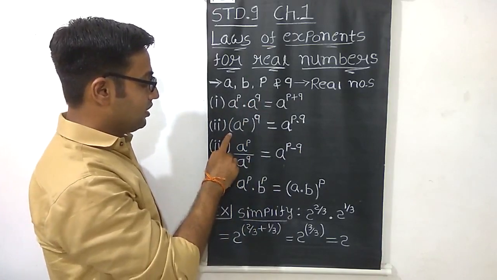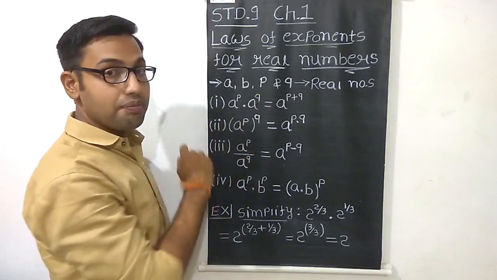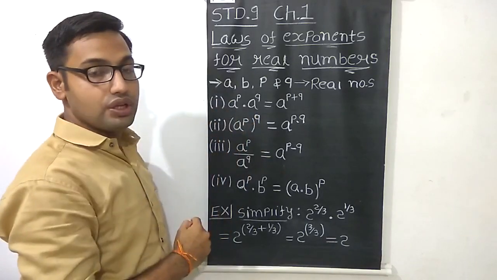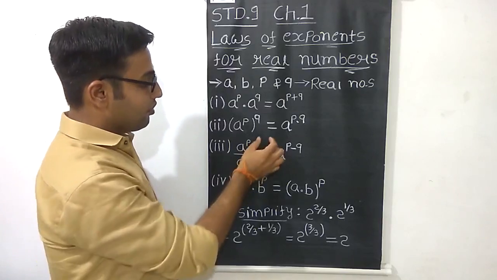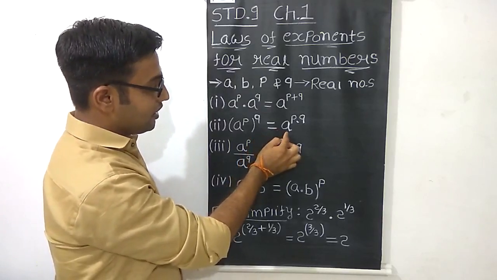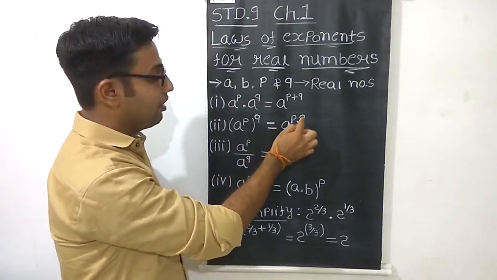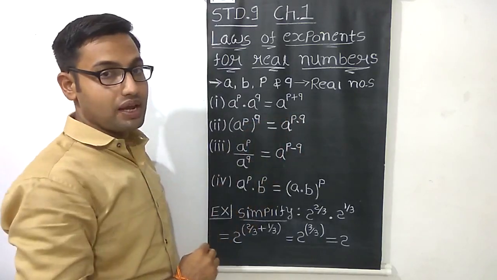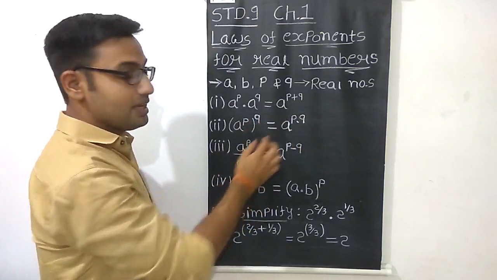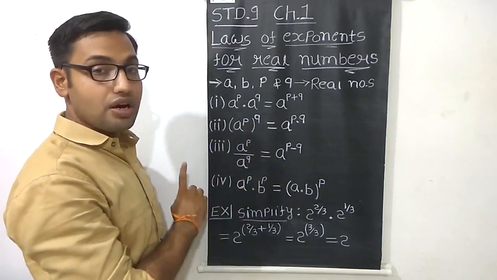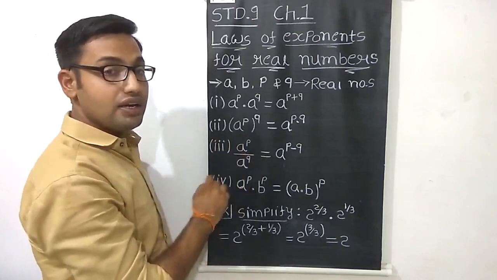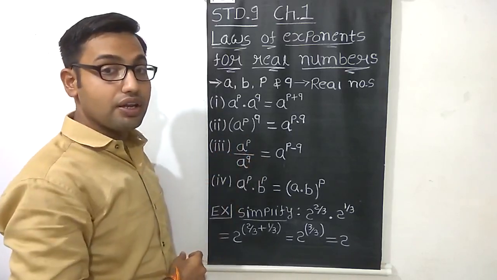The second law: suppose there is a raised to power p, and this whole raised to power q. In this case, we can write a raised to power p into q. That means both the powers will multiply, but the base remains the same. Now the third law is a raised to power p divided by a raised to power q.